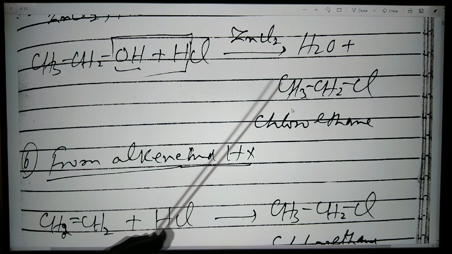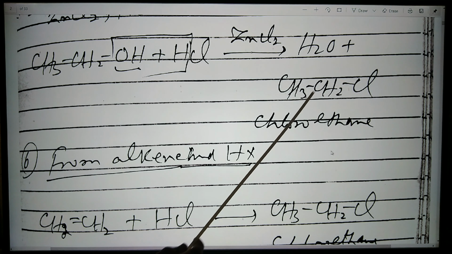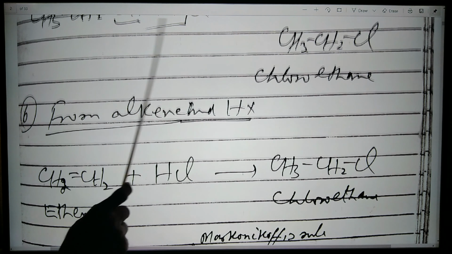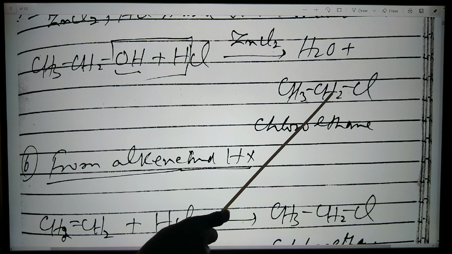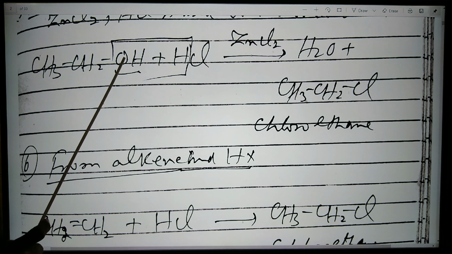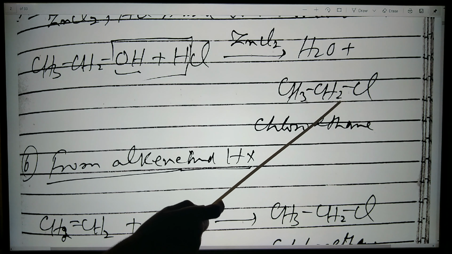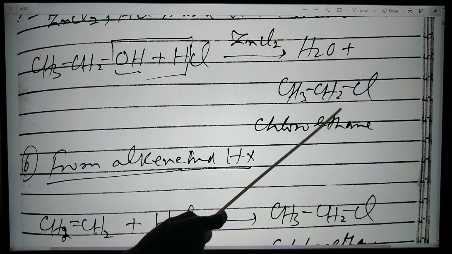So CH3CH2Cl will be formed. This is known as chloroethane. On heating, you will get this product. So this is again chloroethane. If we take here 1 propanol, we will get 1-chloropropane.